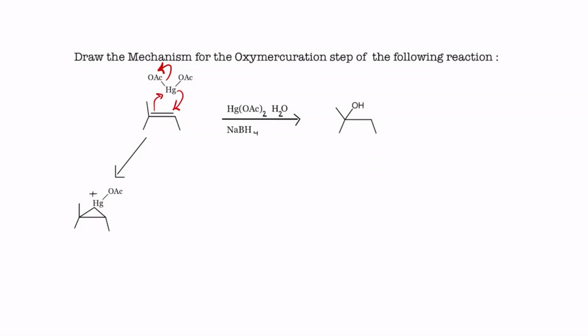So in this next step, our water molecule comes in, as we see over here, and it's going to attack one of these two carbons. If you recall from bridged bromonium ions, this water molecule is going to attack the more substituted carbon. And when it does, it's going to break this bond between the carbon and the mercury.